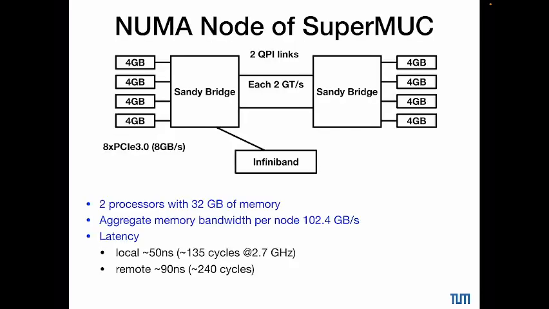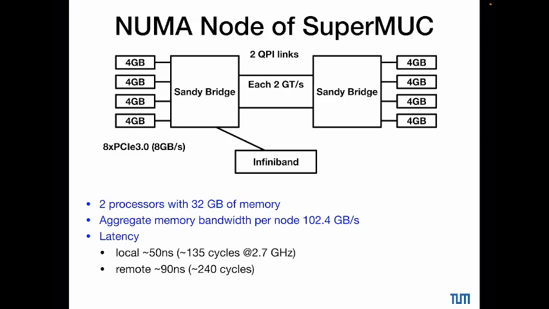So here is an example. This is a SuperMUC node. This is not SuperMUC-NG, it's the older SuperMUC system. These were Sandy Bridge processors, but in principle this is showing you clearly this NUMA architecture. One processor, 16 gigabytes of memory. The other processor, 16 gigabytes of memory.